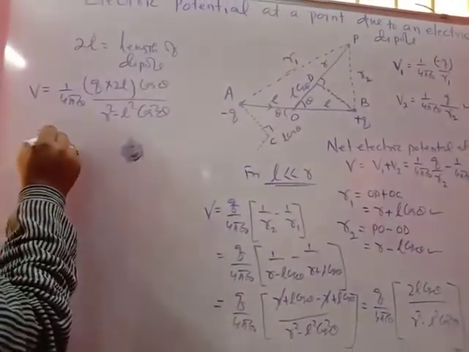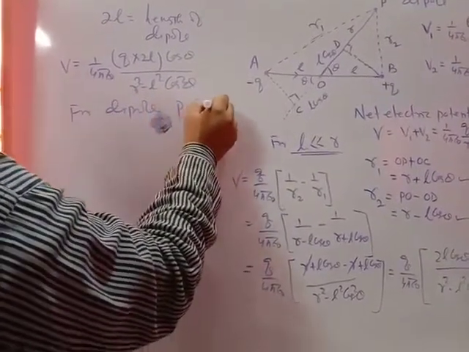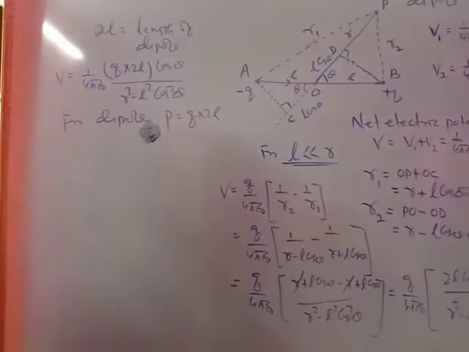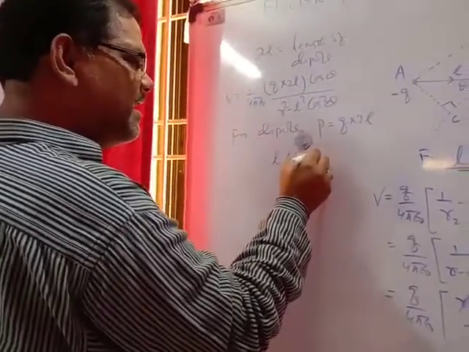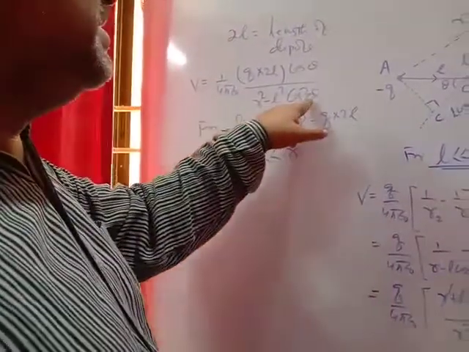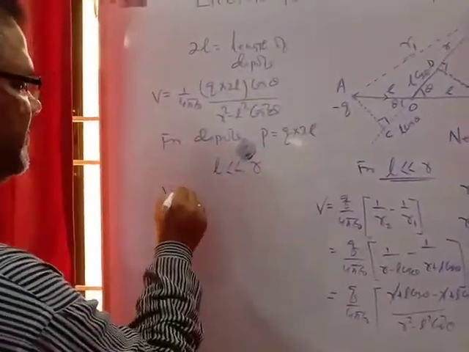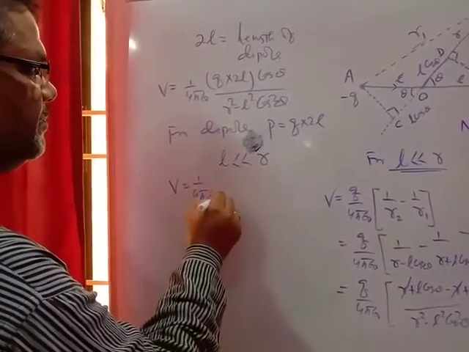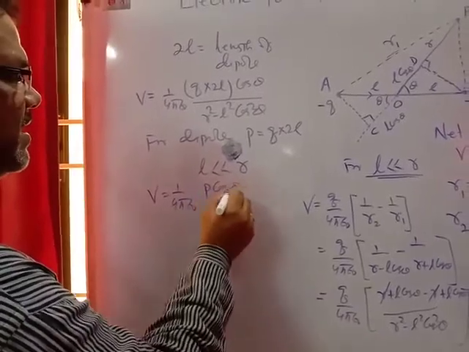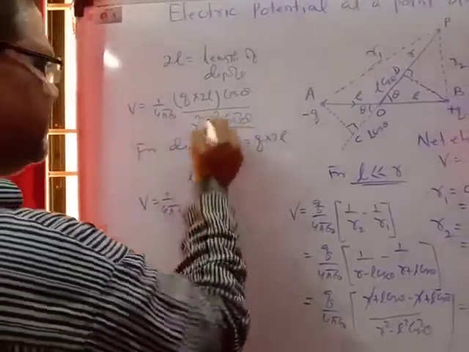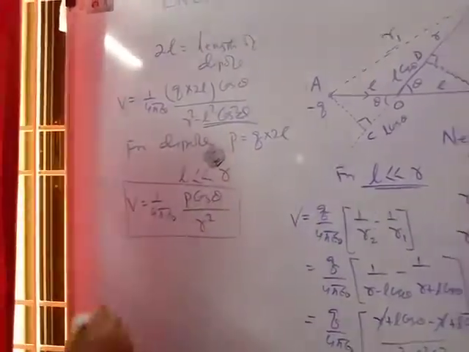For an electric dipole, the dipole moment equals Q into 2L, and L is very, very much less than R, so L square cos square theta will be neglected. Hence the relation we are finding, V equal to 1 upon 4 pi epsilon naught, Q into 2L equal to P, that is P cos theta upon, this part is neglected, the remaining is R square.